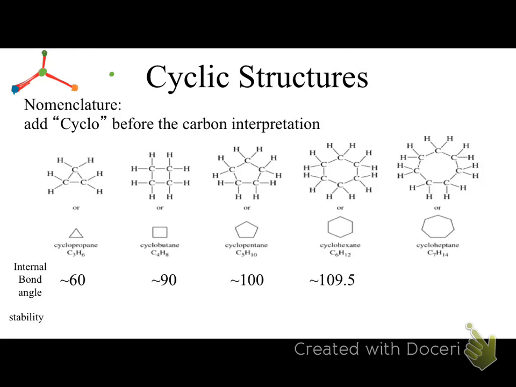What you need to be careful of is that in a Newman projection, we're looking down a carbon-carbon bond. One of those carbons must be my back carbon. So which carbon do we want to be the back carbon?